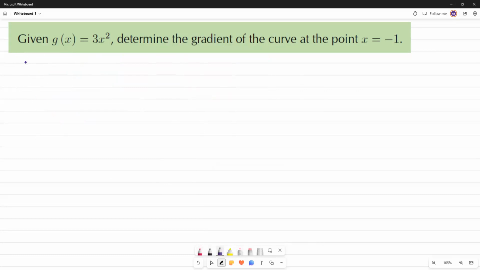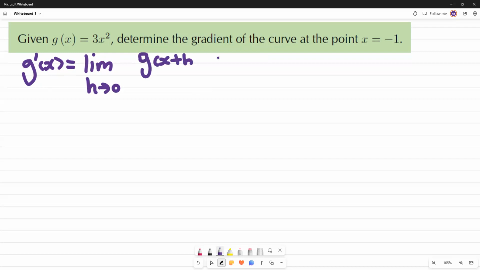So the derivative of g of x is the same as the limit, right, as h approaches 0 of g of x plus h minus g of x all over h. This is the formula for first principles. You need to know it off by heart.